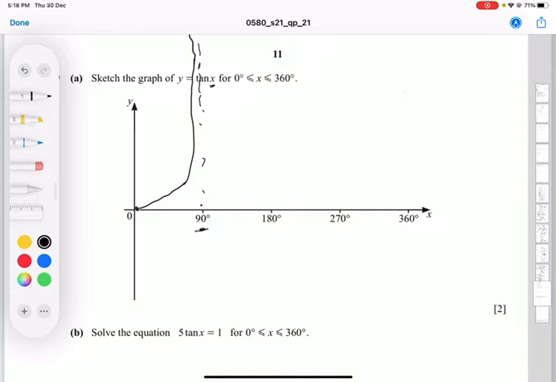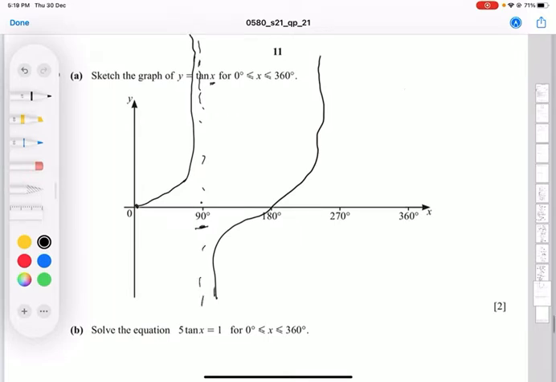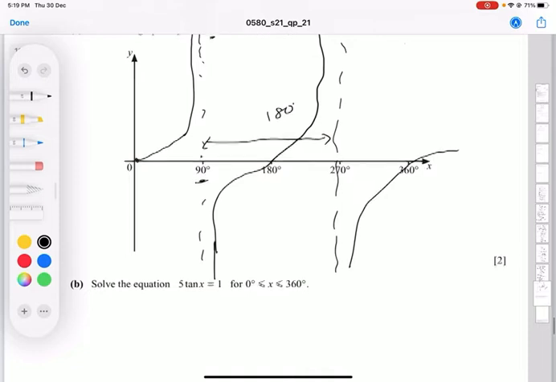And then afterwards, it has a period of 180 degrees, so it goes like this. That's a length here of 180, and then here it continues. You just have to remember that. And that's basically your answer here.